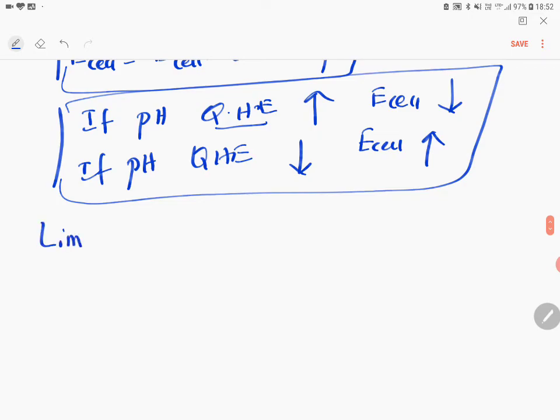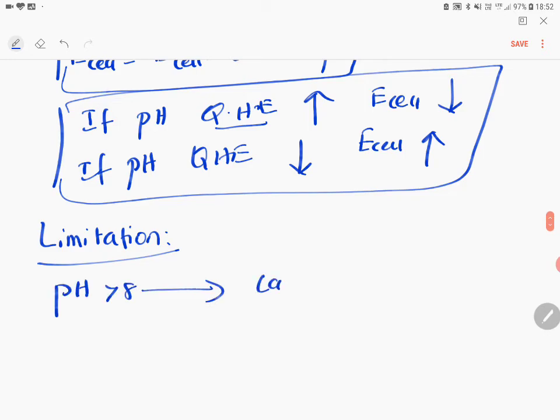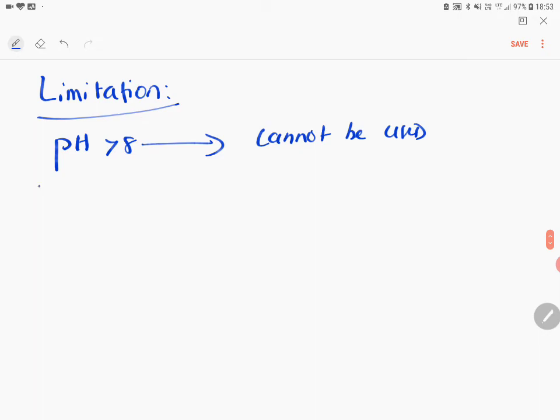Next, limitation of the quinhydrone electrode. Limitation is, if pH is greater than 8, this electrode cannot be used. What is the reason?